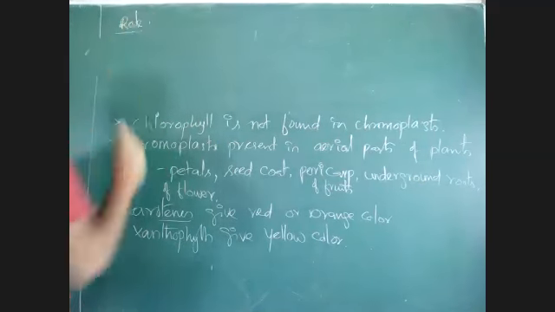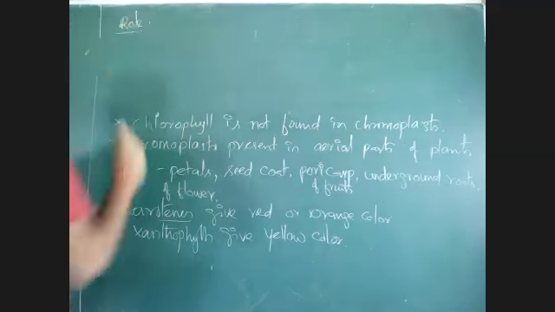So in petals, chromoplast give color, and that color of petals is responsible to attract pollinators. Pollinators are attracted by the bright color of the petal due to presence of this chromoplast.